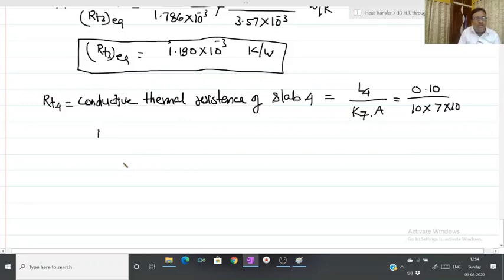So from here, RT4 value I could get as 1.43 into 10 to power minus 4 Kelvin per watt.